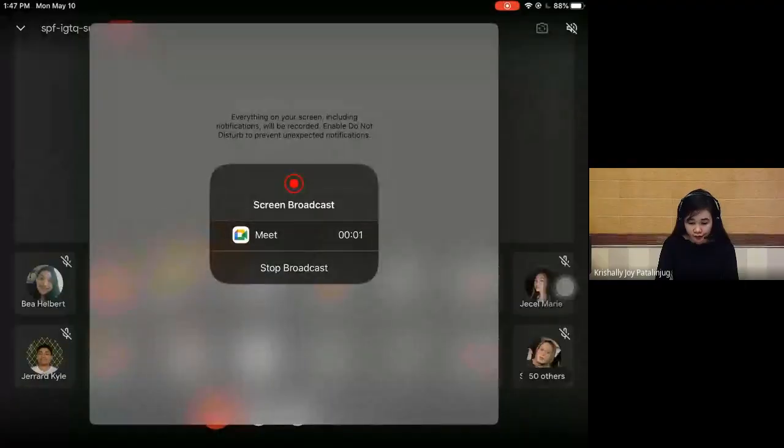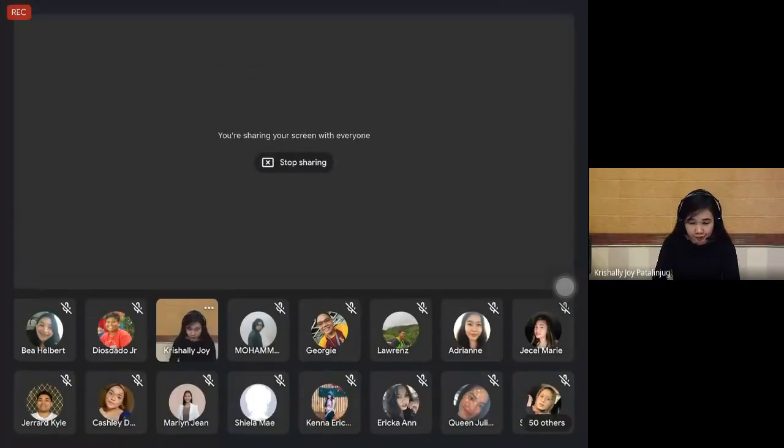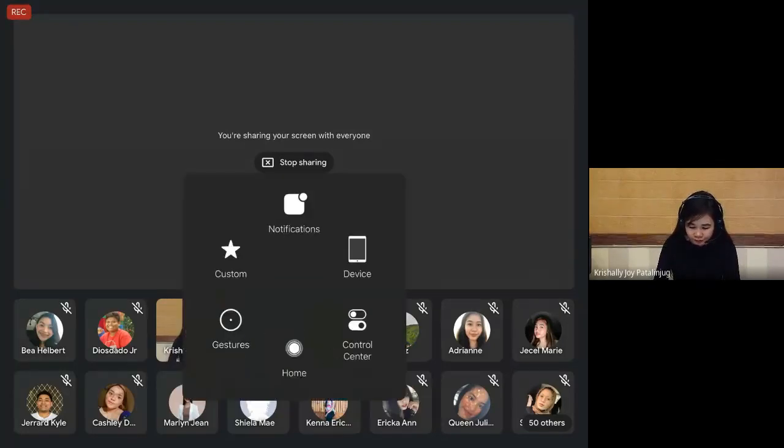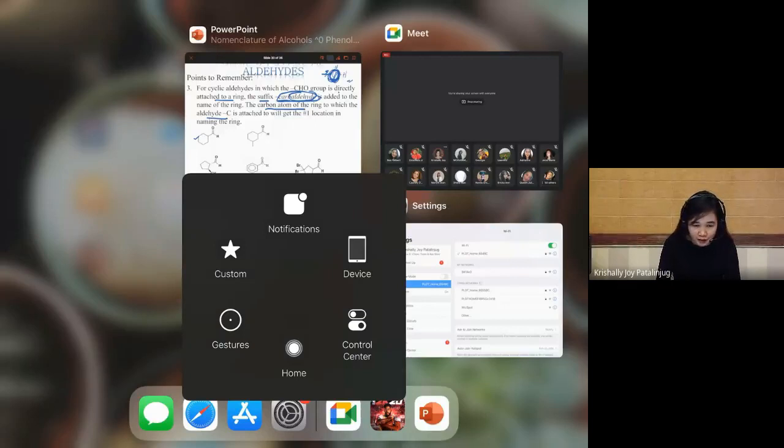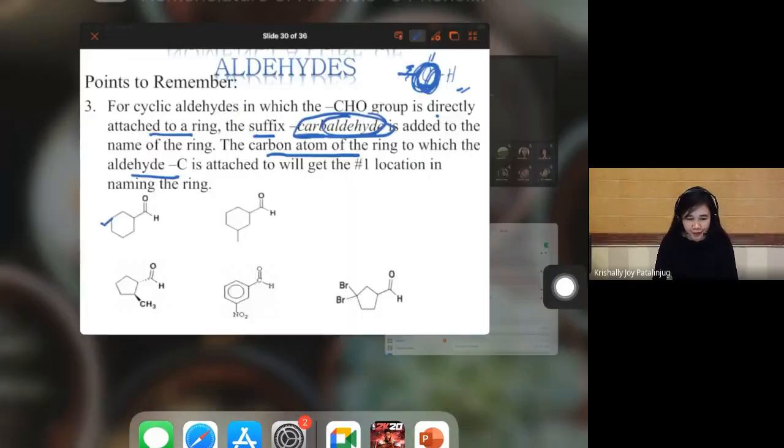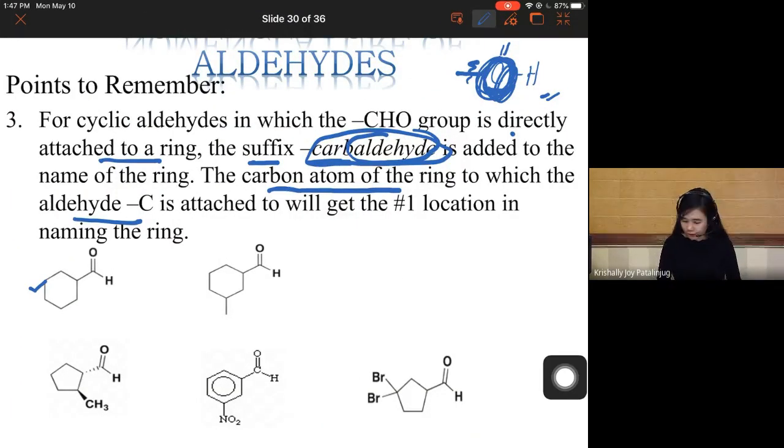Mauniron. Sige, kadali lang ha. Di na din ko ganahan magklase. Ay, naku. Sige, let's continue. Nasa man to akong bulletin. Okay. Sige, let's continue ha.